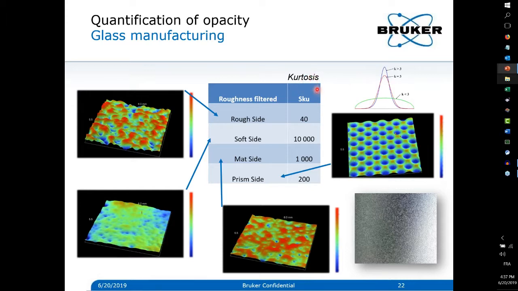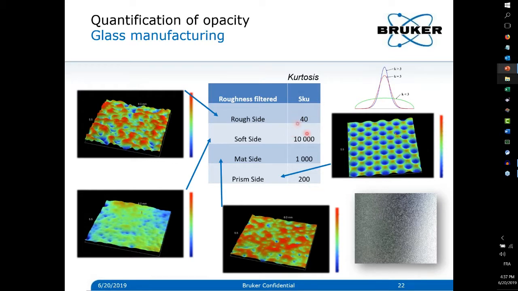Well, kurtosis, Sku, helps. So the kurtosis simply quantifies what the height distribution looks like. It is either equal to 3 and we have a nice Gaussian distribution, or higher than 3 or lower than 3. So what we see across these different surfaces is that the kurtosis definitely varies a lot.